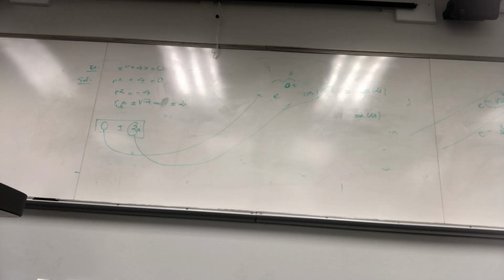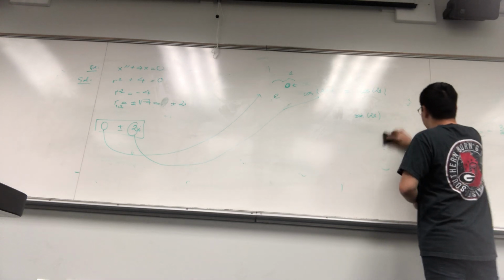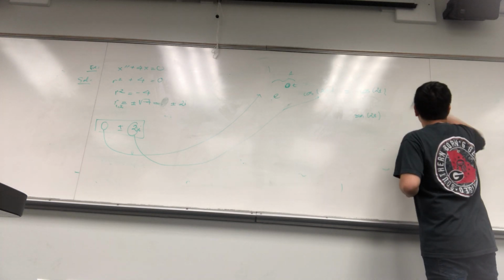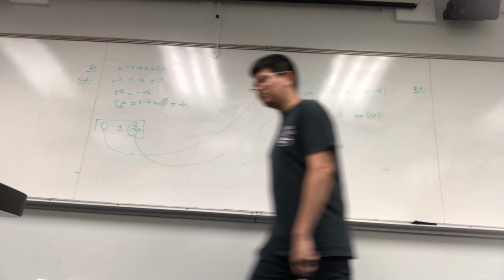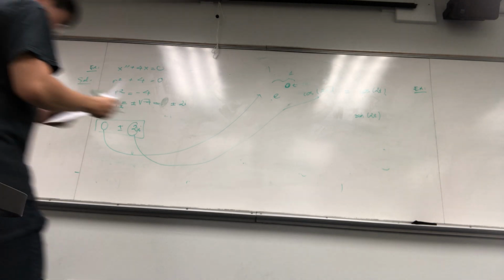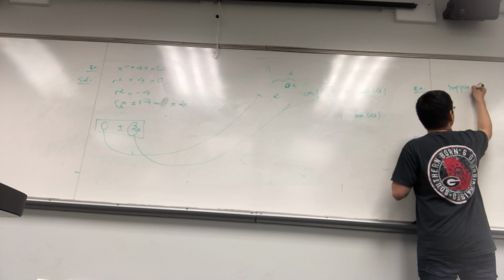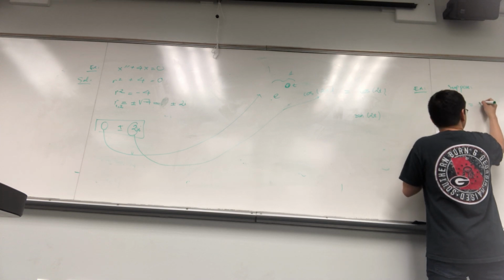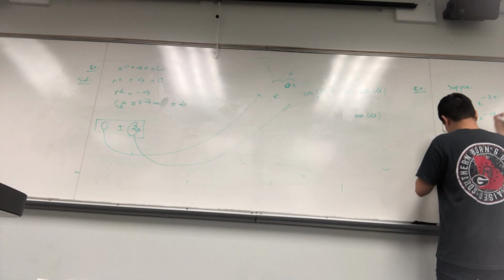So let us try to solve another example. So now let us have a more difficult example, which is, suppose that x1 is e to the power minus 3t and x2 is e to the power minus 2t.